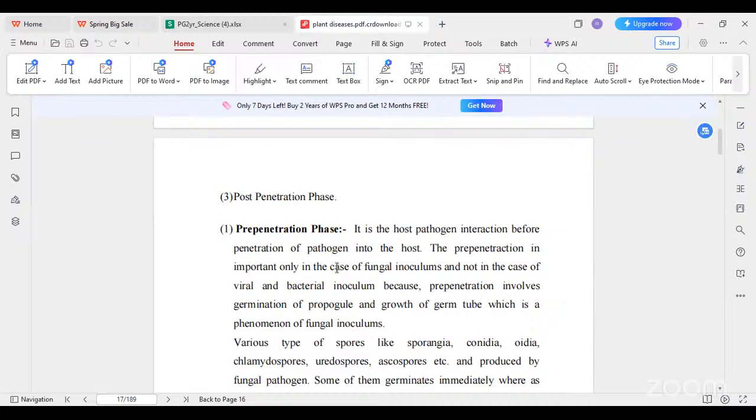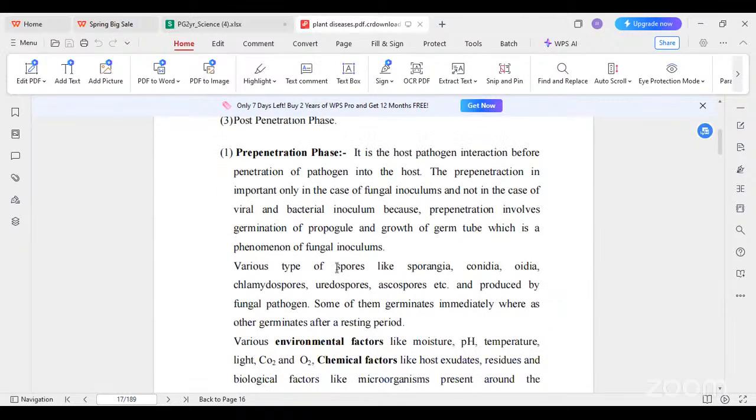First one, pre-penetration phase. It is the host pathogen interaction before penetration of the pathogen into the host. The penetration is important only in the case of fungal inoculums and not in the case of viral and bacterial inoculum, because penetration involves germination of propagule and growth of germ tube, which is the phenomenon of fungal inoculums.